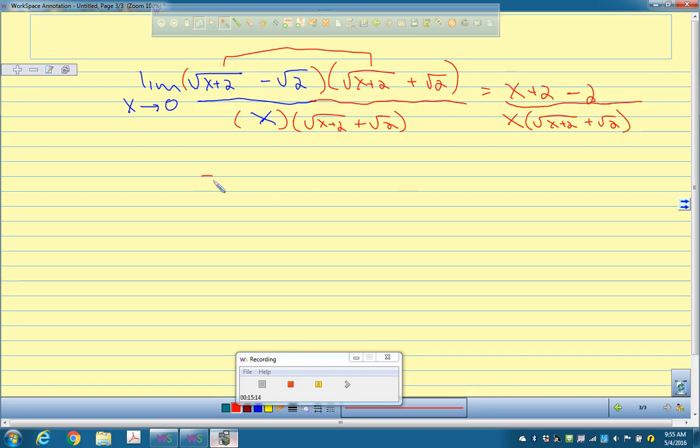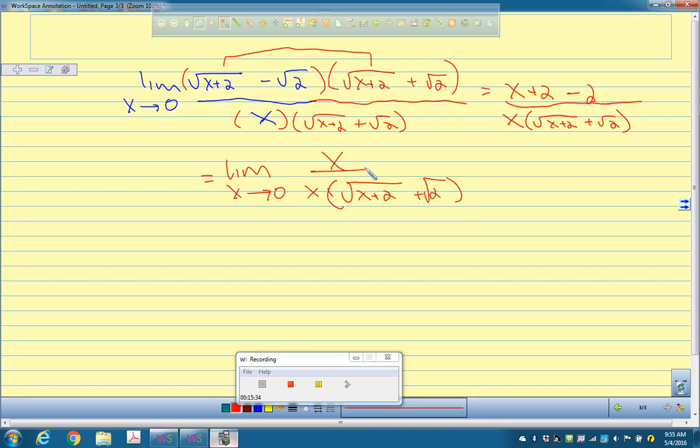This is equal to, and you should keep writing limit, the limit as x goes to 0 of x over x times the square root of x plus 2 plus root of 2.